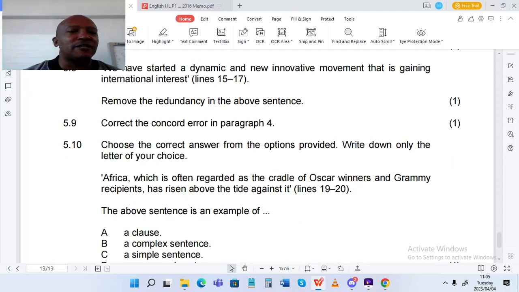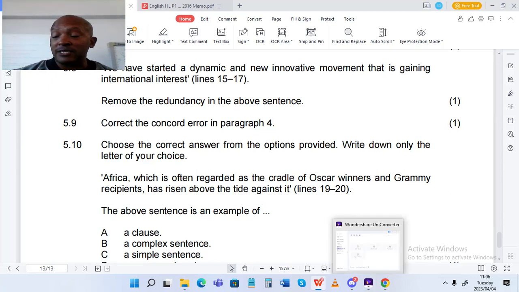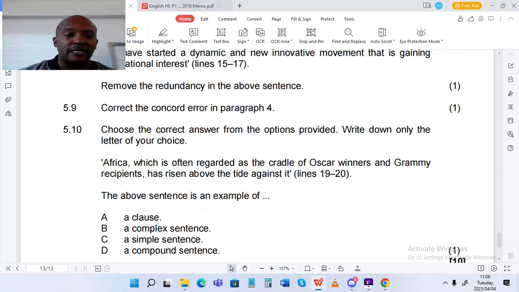Africa, which is often regarded as the cradle of Oscar winners and Grammy recipients, has risen above the tide against it. The above sentence is an example of: A, a clause; B, a complex sentence; C, a simple sentence; and D, a compound sentence. So, we are talking about the types of sentences.